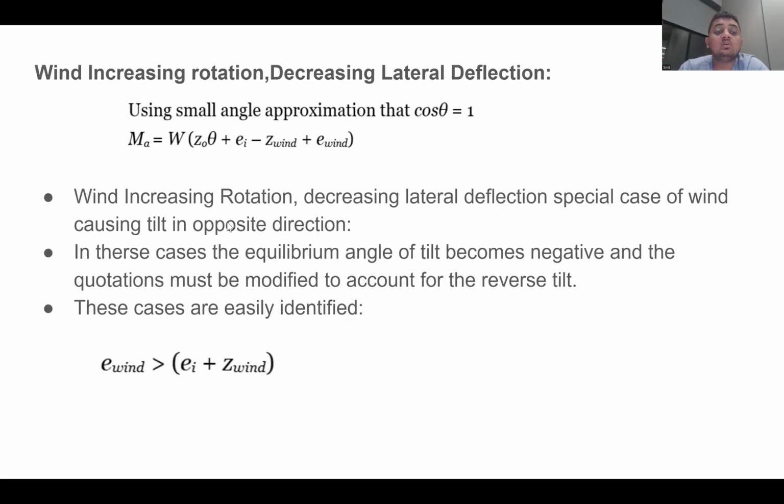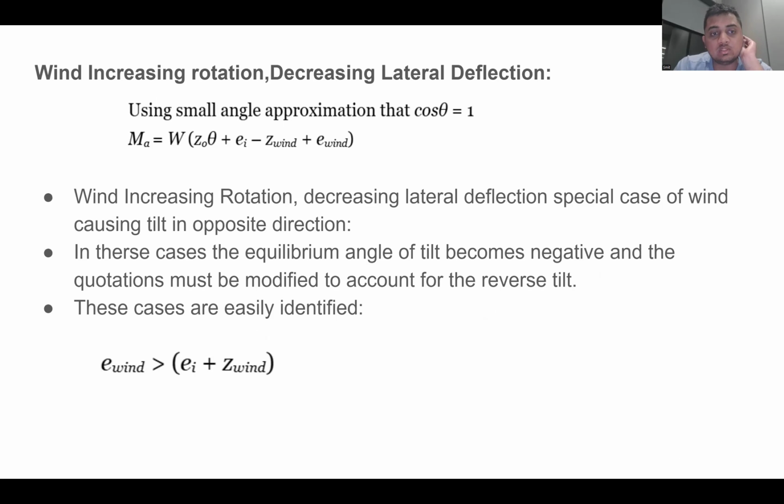So when wind is increasing rotation and decreasing the lateral deflection, at that time we use this equation, using the small angle approximation that cos theta equals 1.